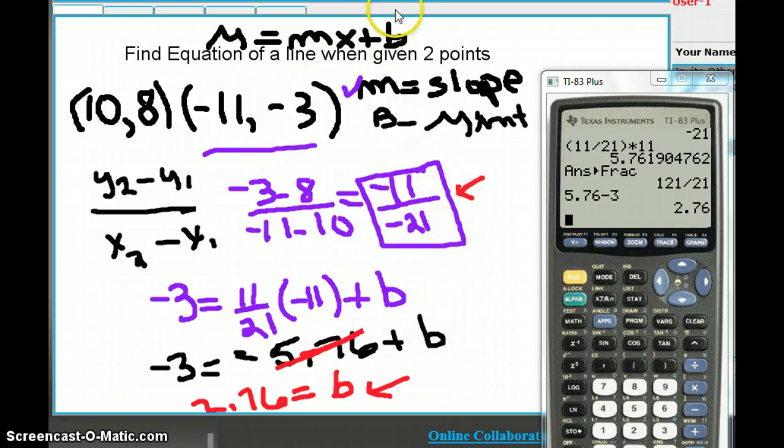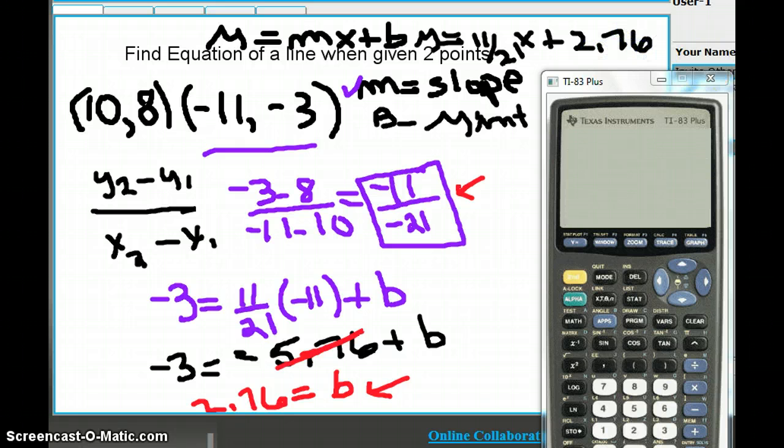So just plug that into what we have here, and we end up with y equals, our m is 11 over 21, x, so leave the x and y there for when you write the equation, plus 2.76. That's it.